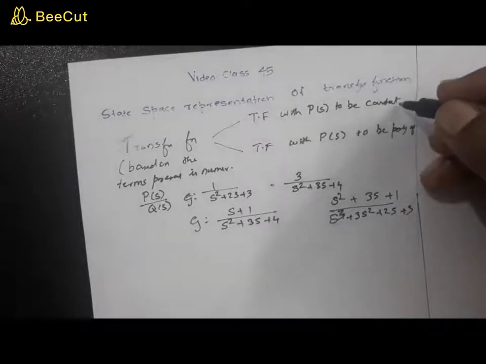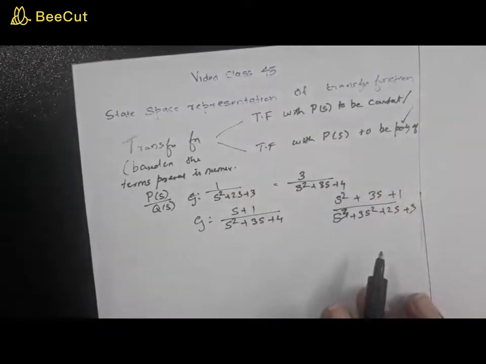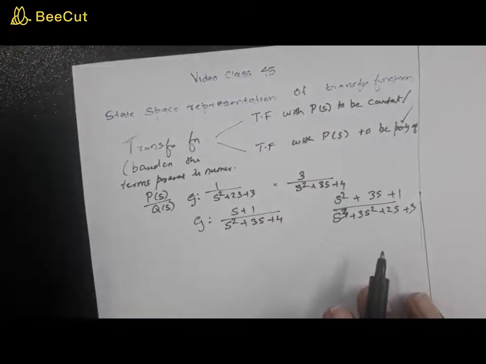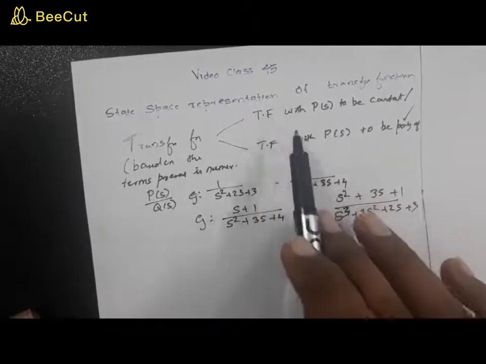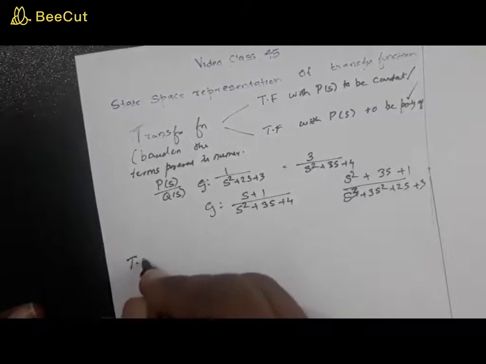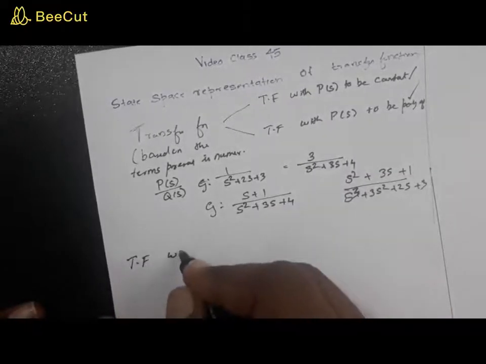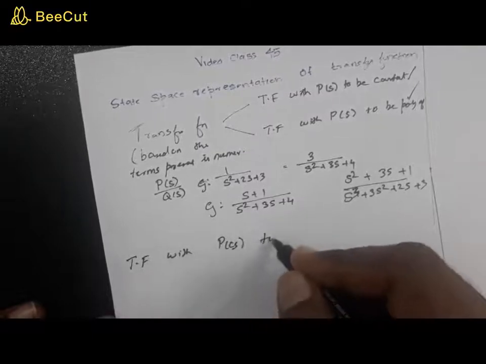Based on the categorization, this is done with two different approaches. First, let us consider a transfer function with p of s to be a constant.